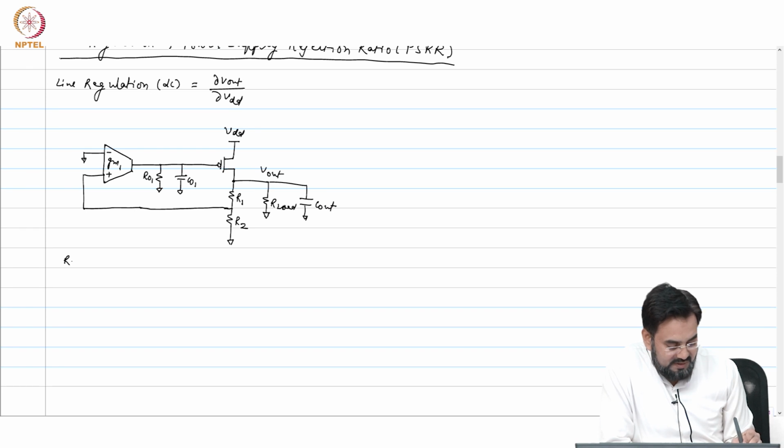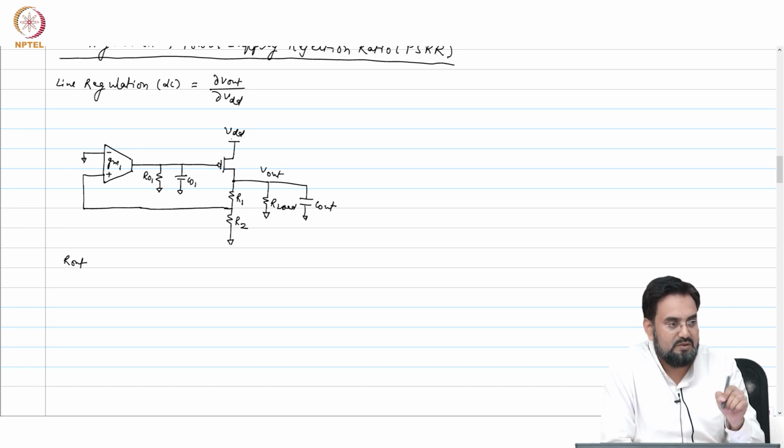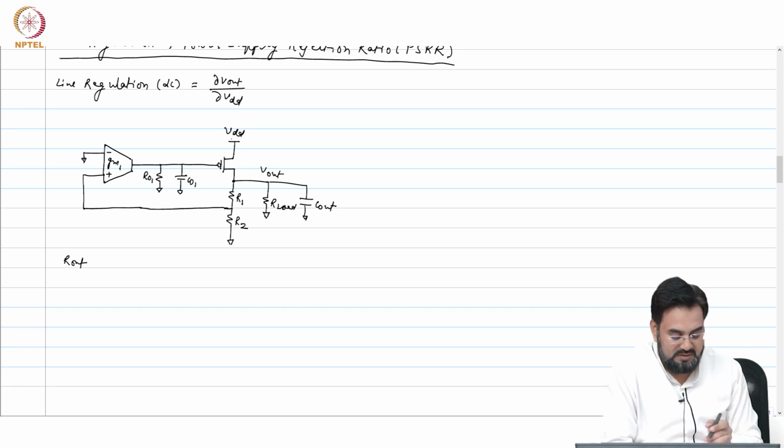So I am assuming here that the output resistance looking into the transistor, 1 over R out, is negligible because R out is large. Later you can derive this, but I will just give you an idea how to do that.